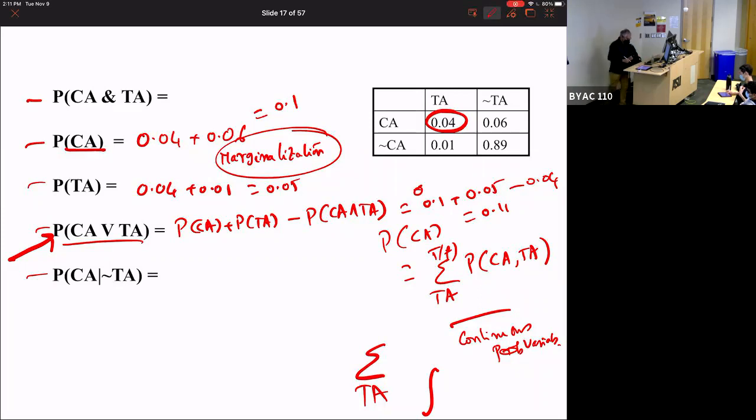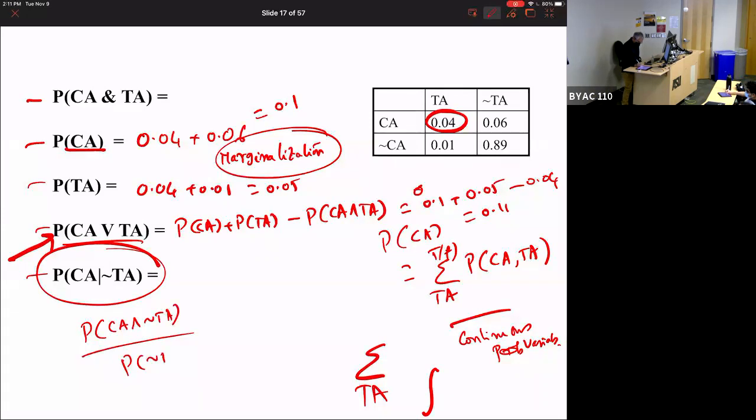Okay. And then the other most interesting thing is P(CA given not TA). That is the conditional probability. It's actually conditional probabilities that are the most important things. And so the way you always define this is P(CA and not TA) divided by P(not TA). P(CA and not TA) is 0.06.